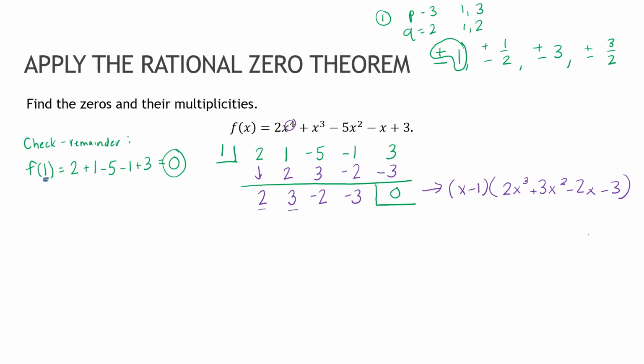Again, that came from 2, 3, negative 2, negative 3. Now from here, you have a choice. You can look at another rational zero, so I could try negative 1 and see if that worked. I could try positive 1/2 or negative 1/2, etc. I could try any of those, or once I get it to the point where I can factor it using a method I already know, I could do it that way.